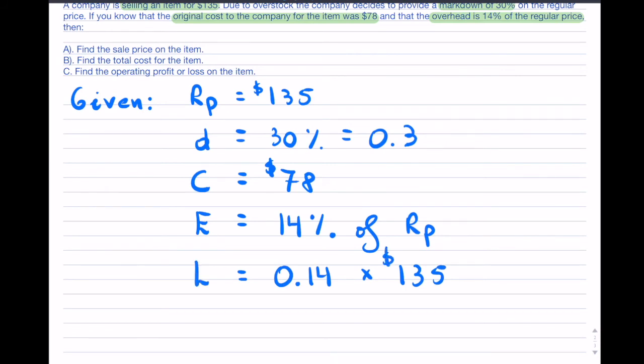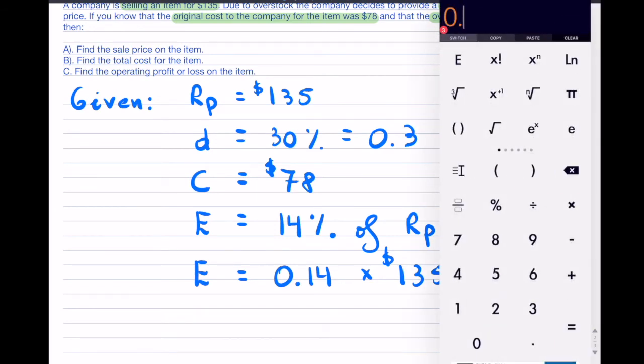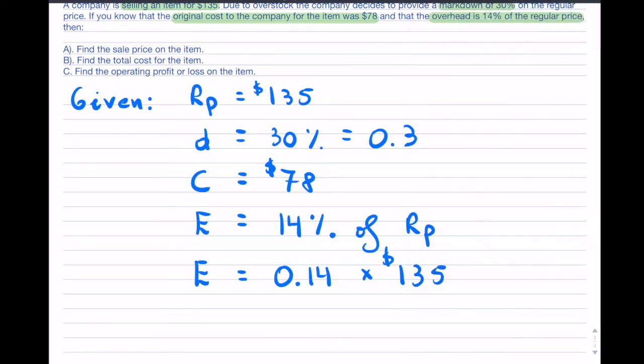So we can actually work out what this is. Let me just punch that into the calculator. So I have 0.14 multiplied by 135. That's $18.90. So let me write it in.